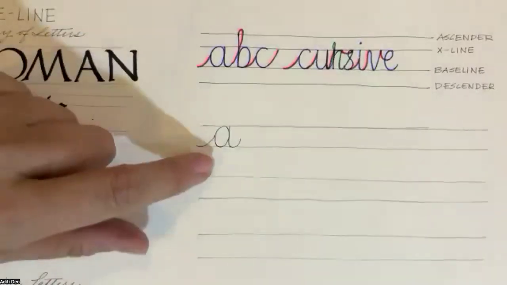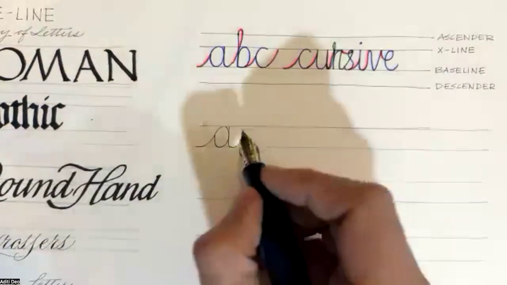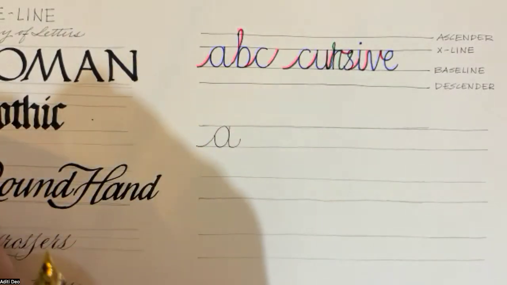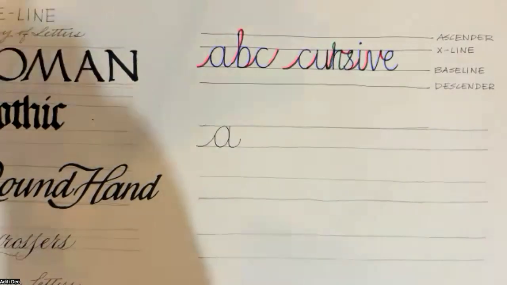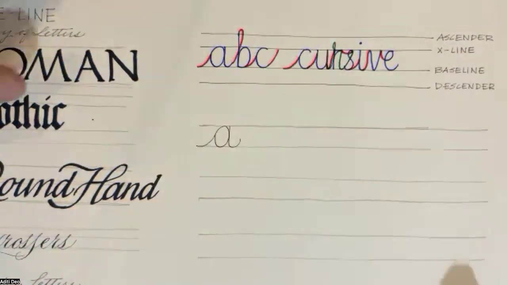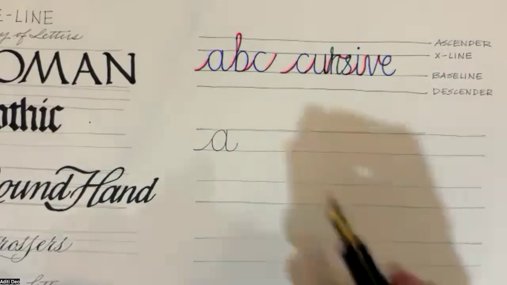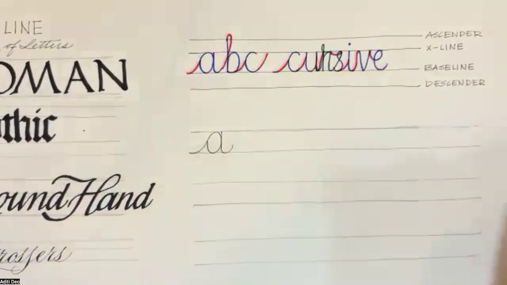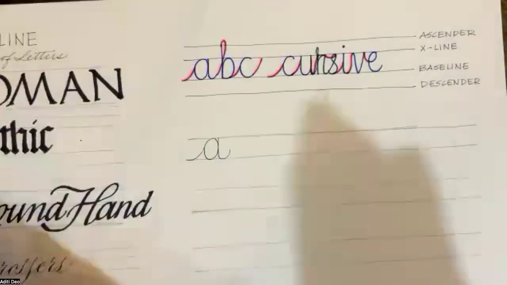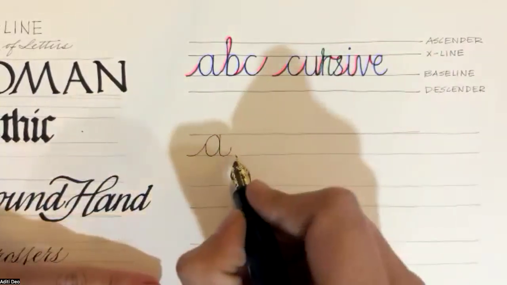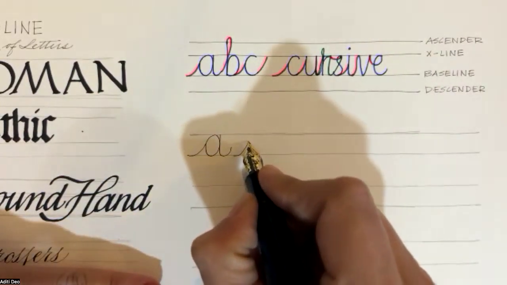You can pick it up and make your letters like this. Okay. Then we won't write B. The next letter we will write will be a C.